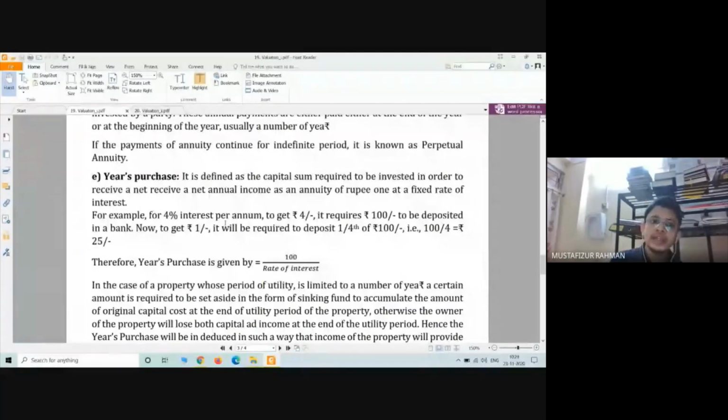That is my years purchase. Years purchase is given by 100 divided by the rate of interest. Why? Because to get 4 rupees, I have to keep 100 rupees. To get 1, I have to keep 100 divided by 4 rupees, right? So that is years purchase.